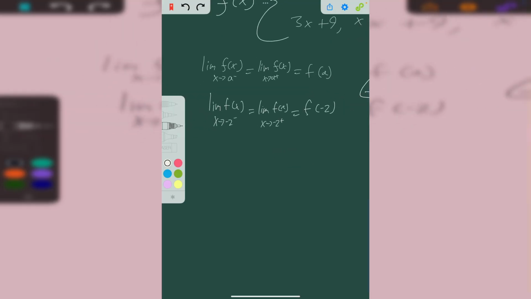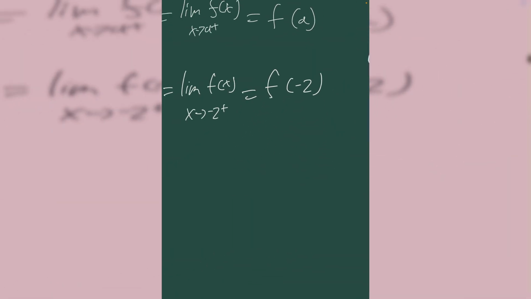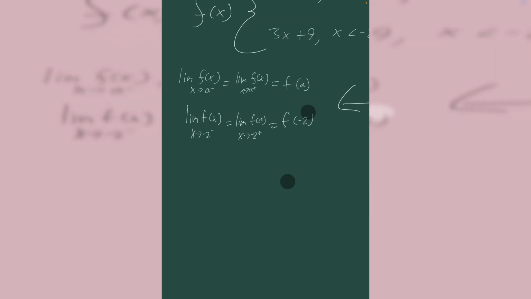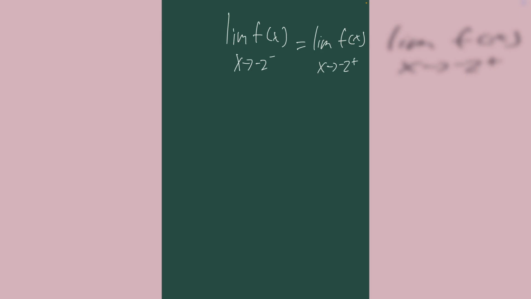Our third requirement is also satisfied by this equation because it says x is greater than or equal to negative 2. So it will satisfy f of negative 2 because at that point it exists. Anyways, now let's plug in our equations.